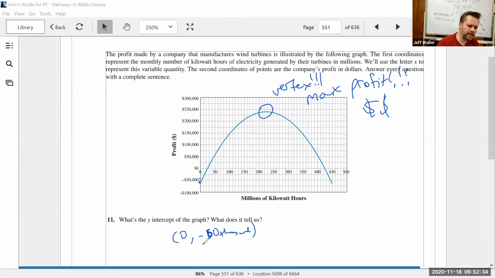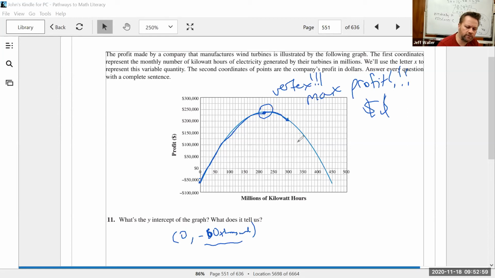So what does that correlate to in business problems we've talked about before? Overhead. Yes, overhead, just to set up their electricity generating equipment. And then they start to generate and sell some electricity. Then there's a sweet spot right there, because if they go past that, there's not enough demand.